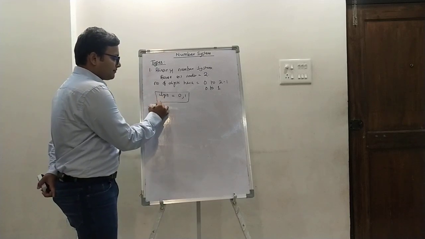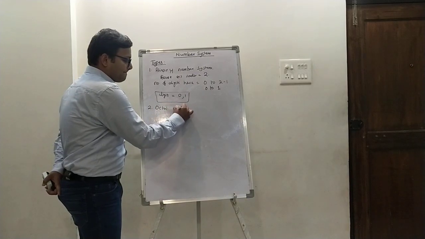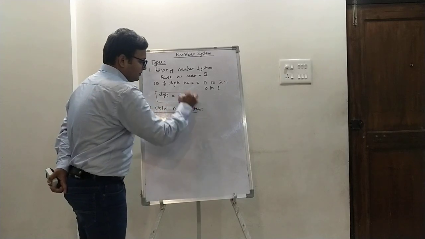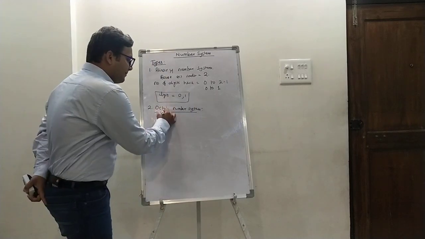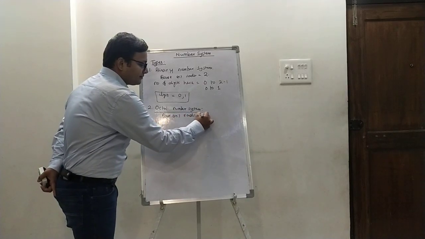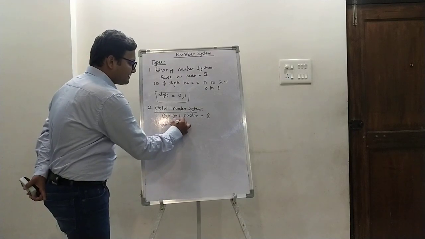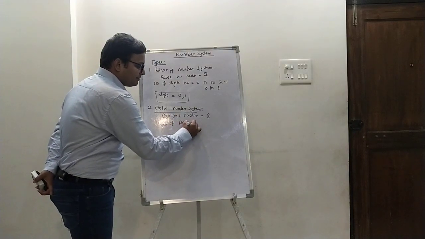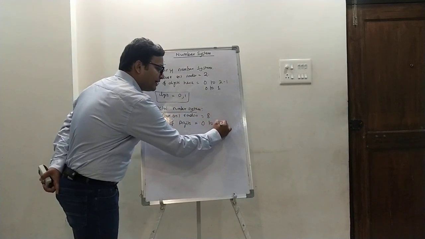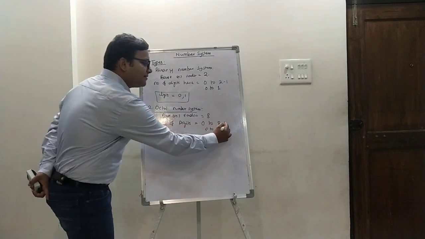Next, the octal number system. In the octal number system, the base or radix is 8. So the number of digits a particular octal number system carries is 0 to 8 minus 1, which means 0 to 7.